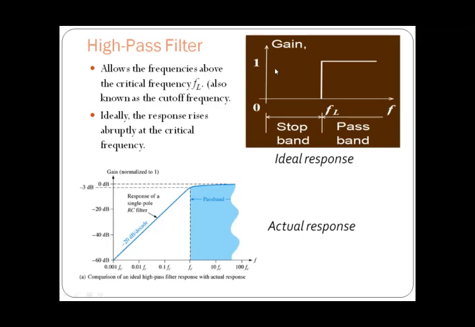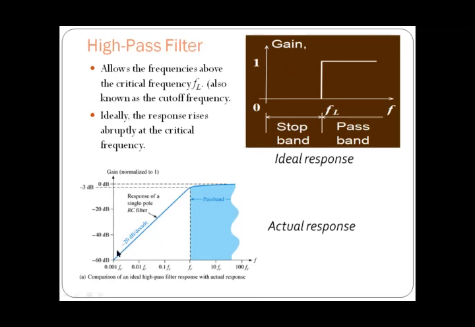In such a way, it is going to produce all the frequency components above FL at the output of the circuit, whereas it is going to stop all the frequency components below FL at the output of that high pass circuit. So this is the ideal response.